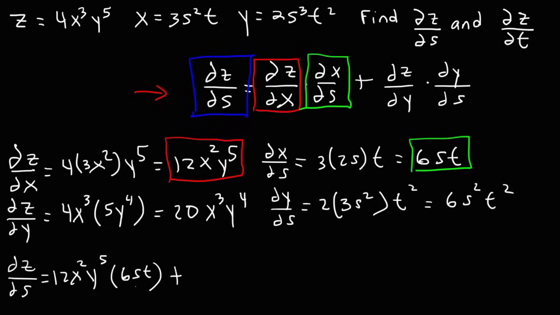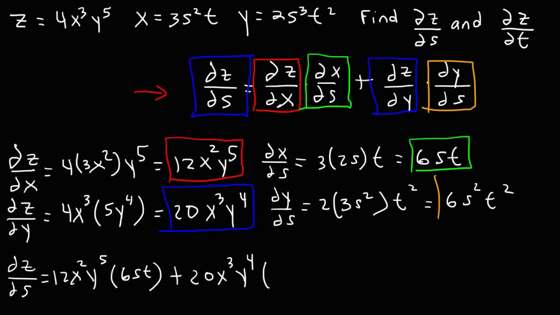And then plus, we have this right here. That's equal to 20x cubed y to the 4th. And finally, the partial derivative of y with respect to s, which is 6s squared t squared.